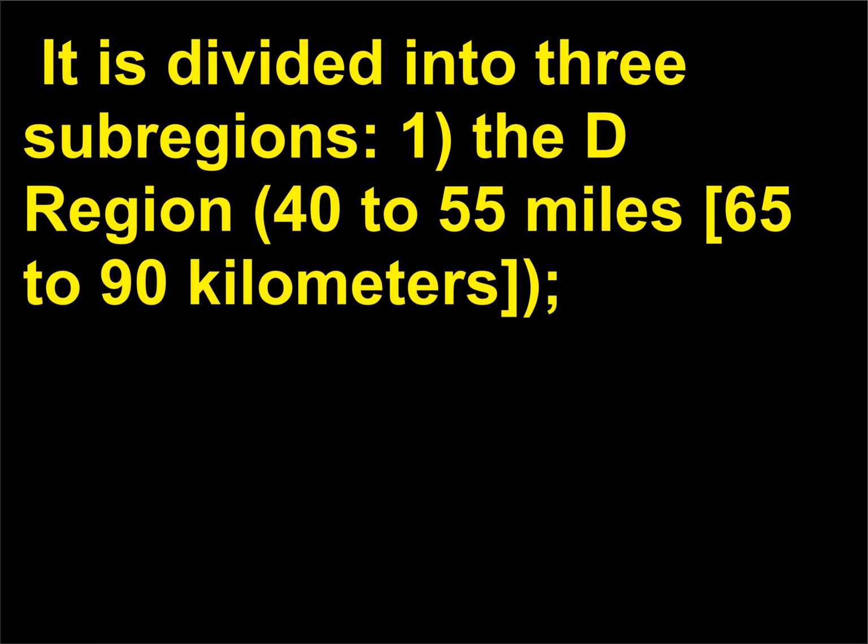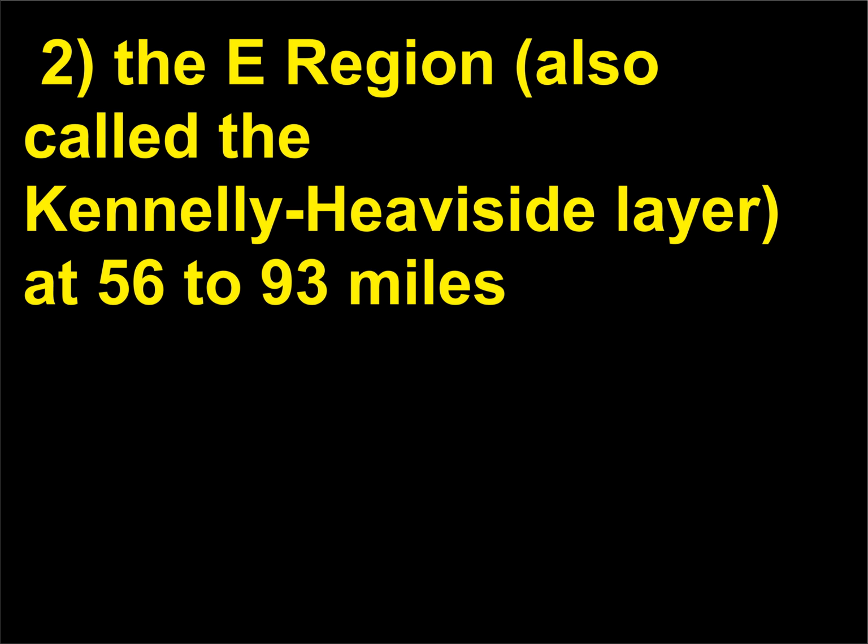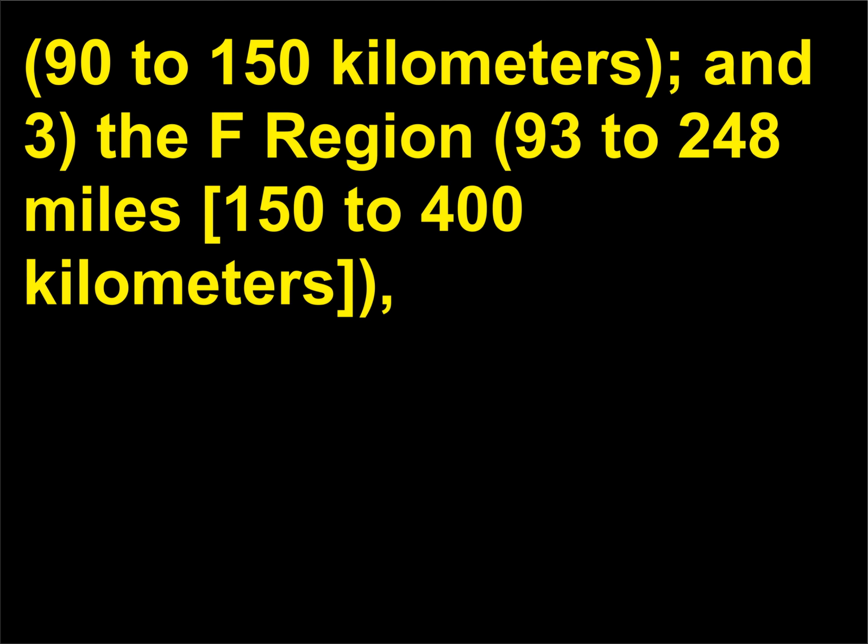1. The D region, 40 to 55 miles, 65 to 90 kilometers. 2. The E region, also called the Kennelly-Heaviside layer, at 56 to 93 miles, 90 to 150 kilometers, and 3.